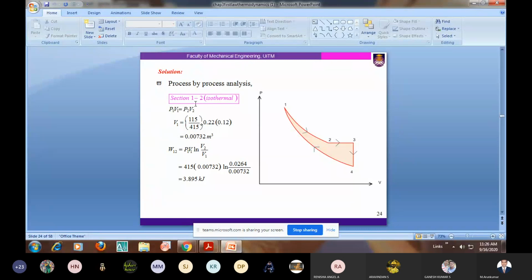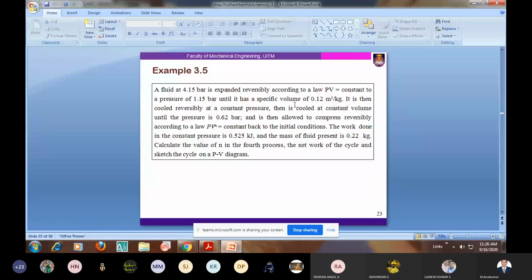In the first process, that is an isothermal process, we know the equation PV is equal to constant. So we can have P1 V1 is equal to P2 V2. The P1 value and P2 value are given. The V2 value is not given, but the specific volume is given and the mass is given.